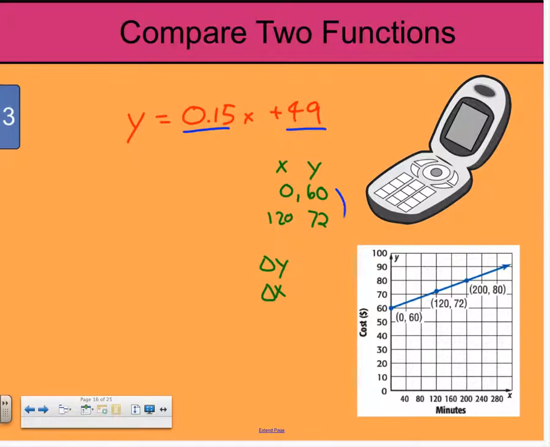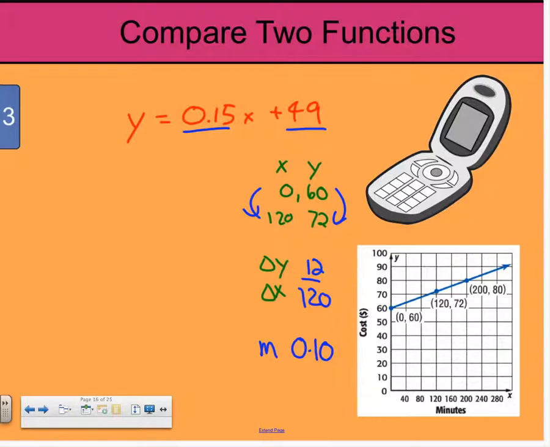So my change in y from 60 to 72 is 12. My change in x from 0 to 120 is 120. And if I take 12 and divide by 120, I end up with 0.10. All right, so my rate in the graph is 10 cents per minute as opposed to the 15 cents per minute in the equation.